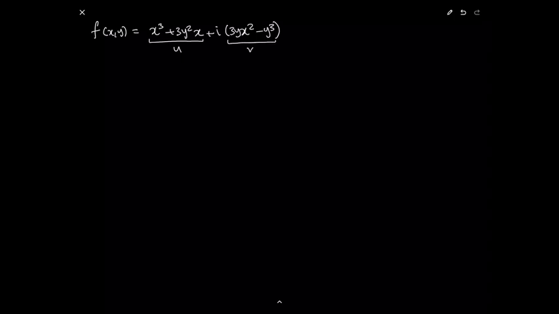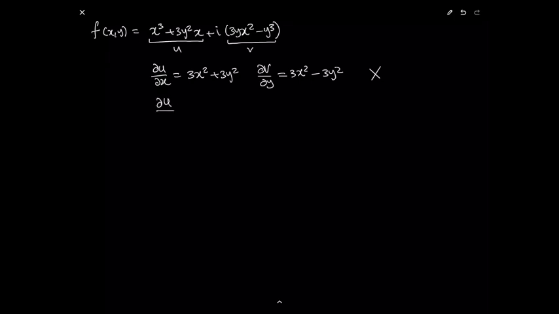Let's apply the Cauchy-Riemann conditions. We have du dx equals 3x squared plus 3y squared. Now, what about dv dy? It's 3x squared minus 3y squared. Okay, Cauchy-Riemann not satisfied there.